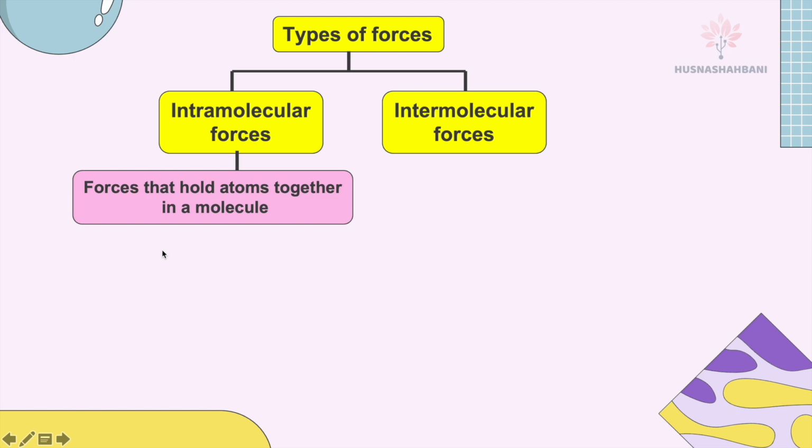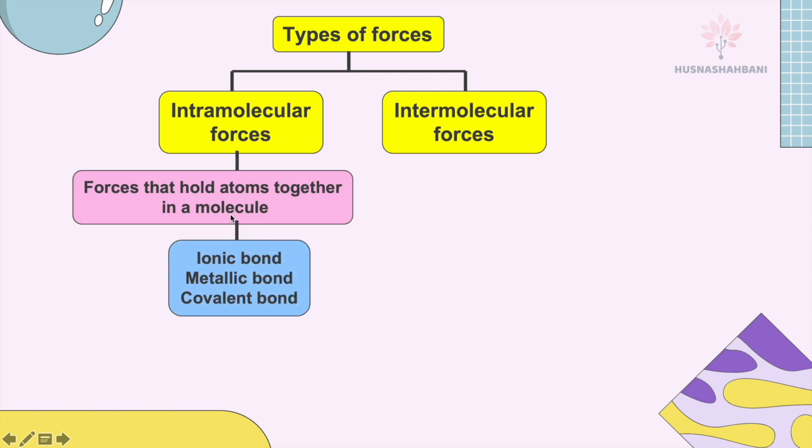So in making a molecule, several atoms are grouped together by intramolecular forces. The types of intramolecular forces are ionic bond, metallic bond, and covalent bond. These are examples of intramolecular forces.